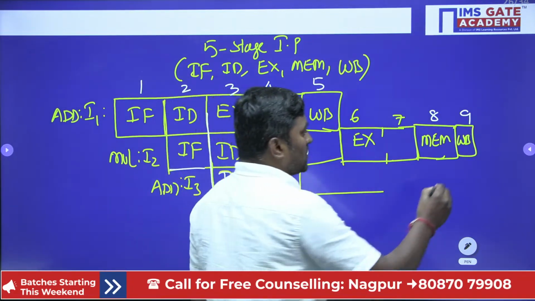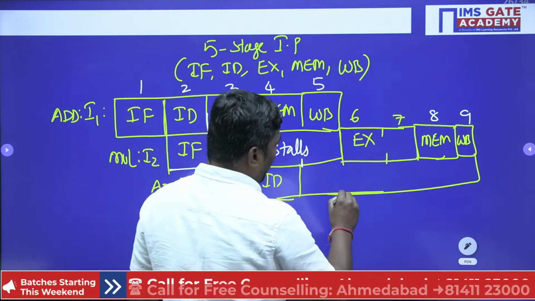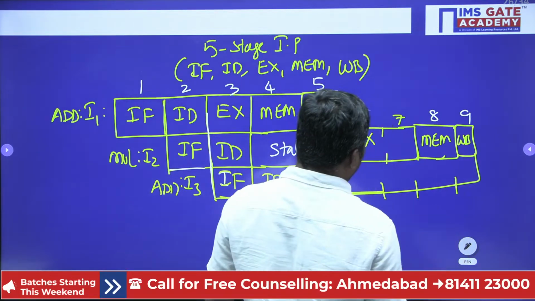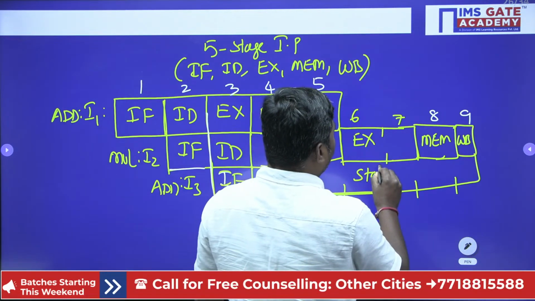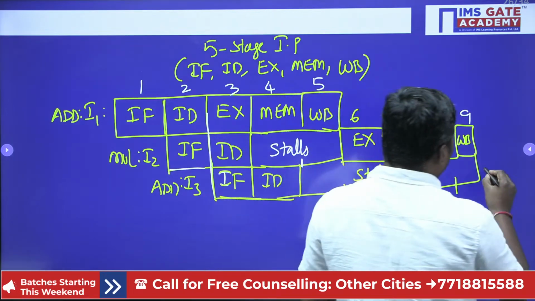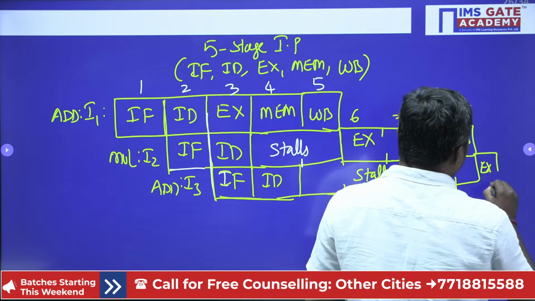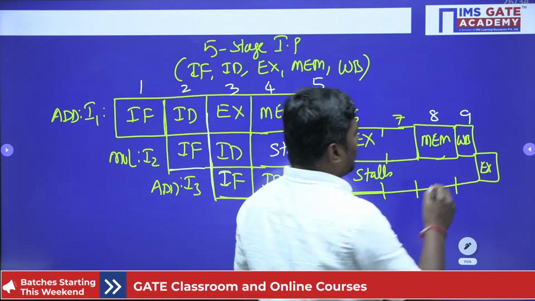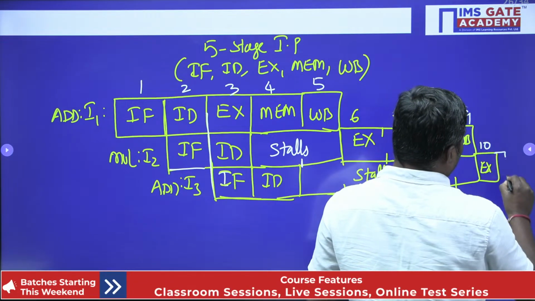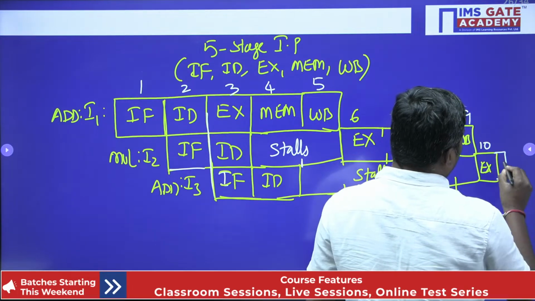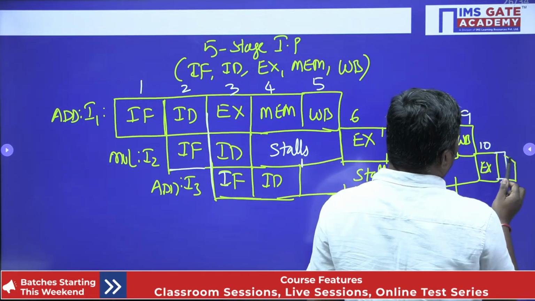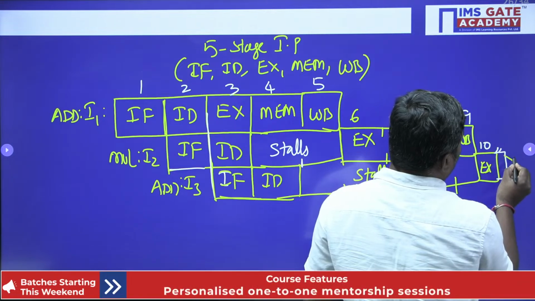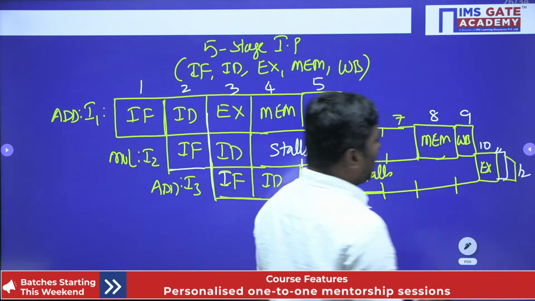The operand is available only at the end of the multiplication's write back, so this many stalls happen. Now execution can be done. Addition takes only 1 clock, clock number 10. Then memory access, then write back, clocks 11 and 12.